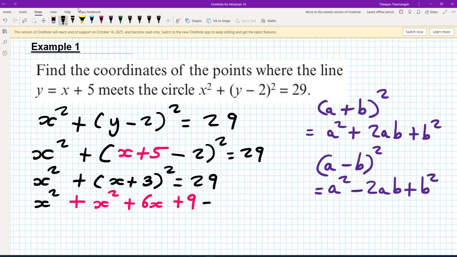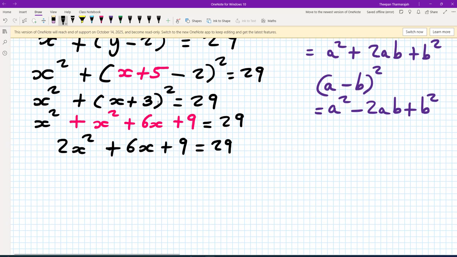Now this is equal to 29. This is 2x squared plus 6x plus 9 equals 29. Now all quadratic equations must be equal to 0, so we can subtract 29 on both sides.